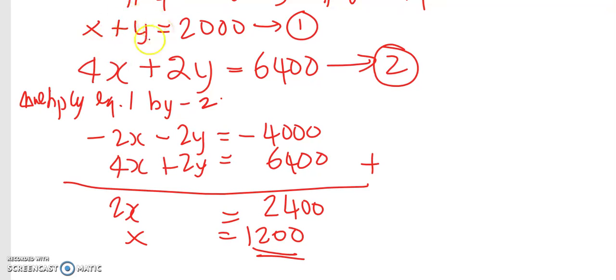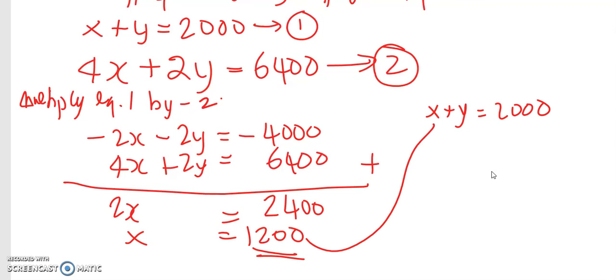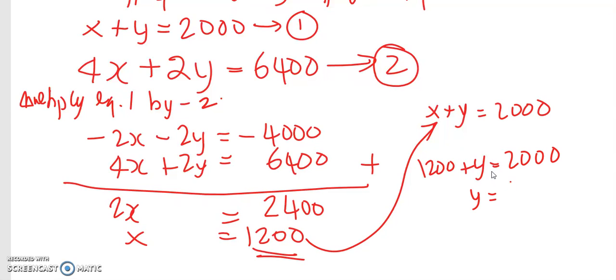Equation 1 here is X plus Y is equal to 2,000. So if X is equal to 1,200, what is Y? We put it over here: 1,200 plus Y is equal to 2,000, so Y is equal to 800.